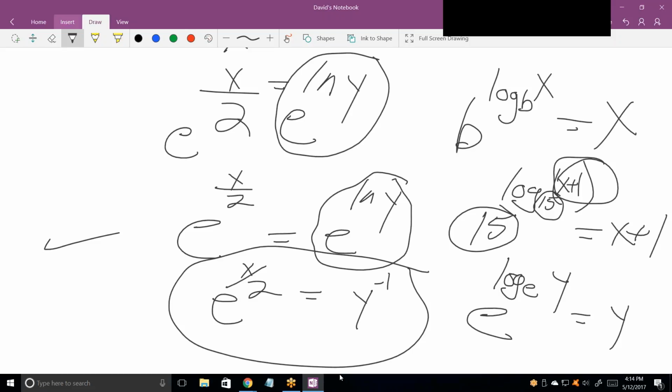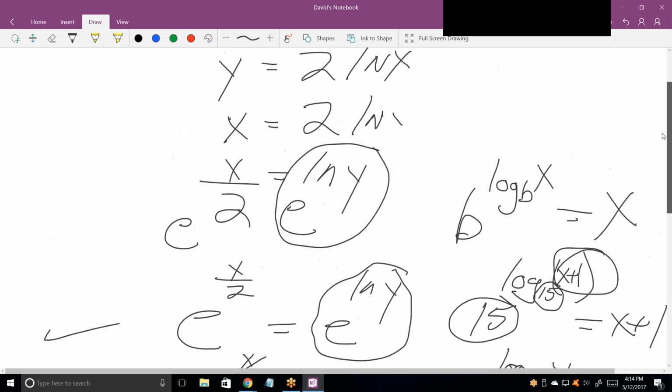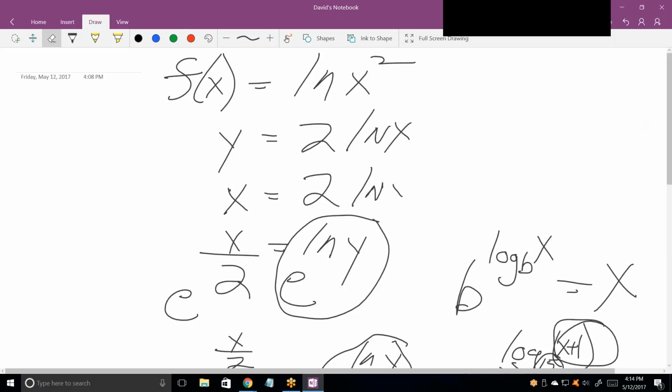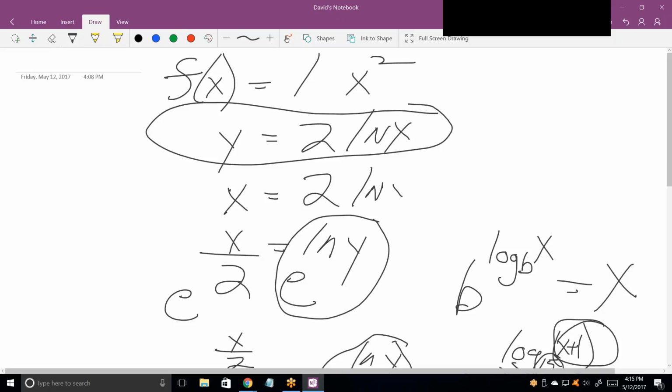If I don't put a negative 1 there, then that indicates that that y is the same as this y up here. And they're not the same. That's a different y. That's the function. That makes sense. What we're solving for is the inverse. So technically, when they say switch the variables, you should always kind of think that that's a y to the minus 1.